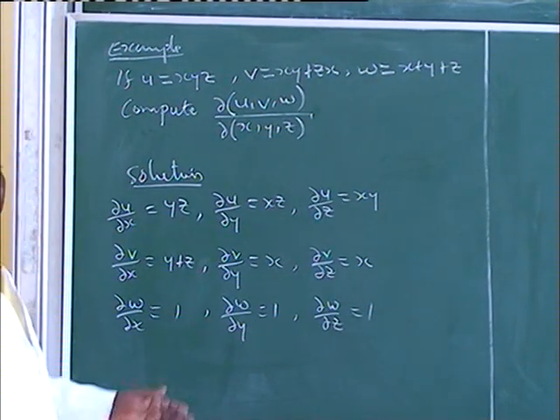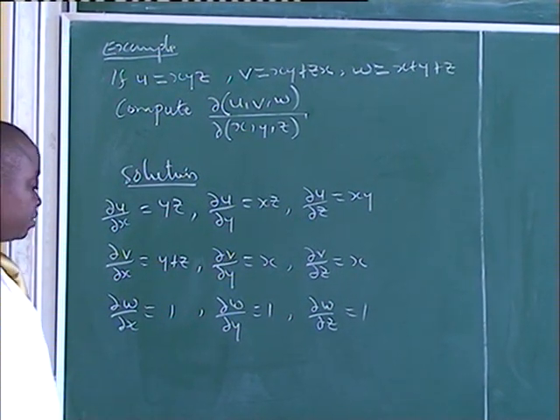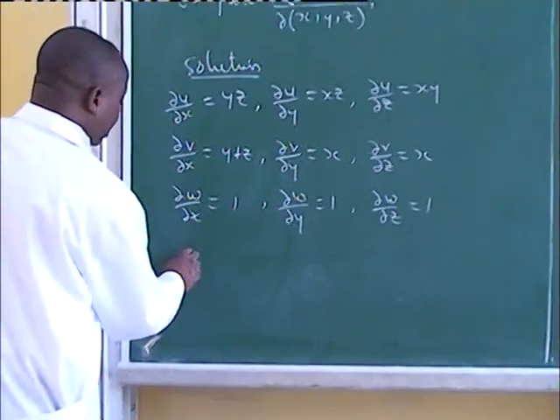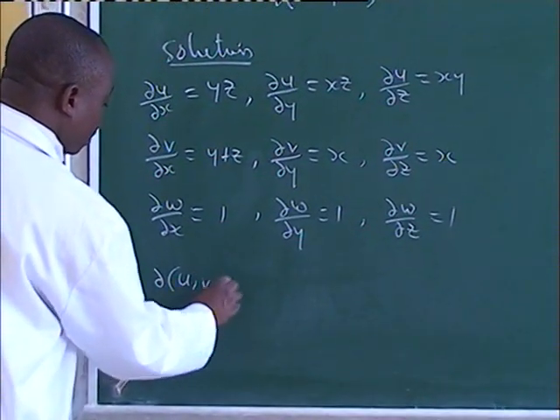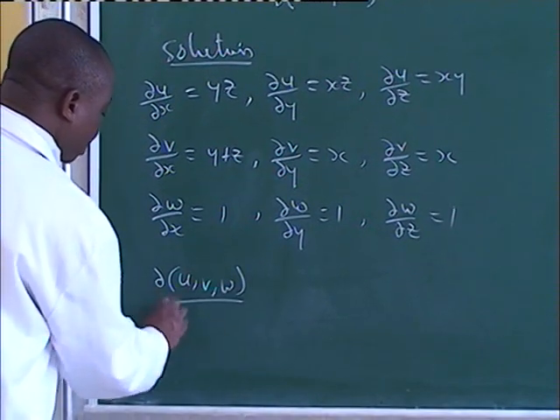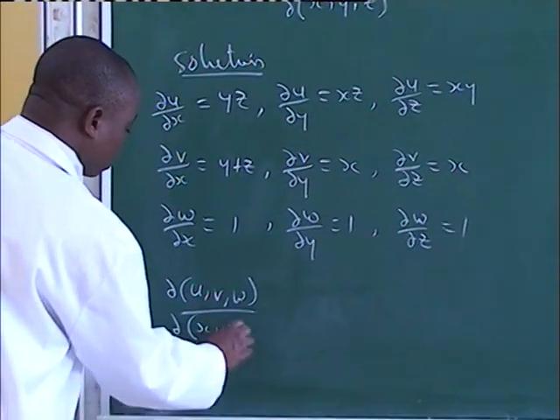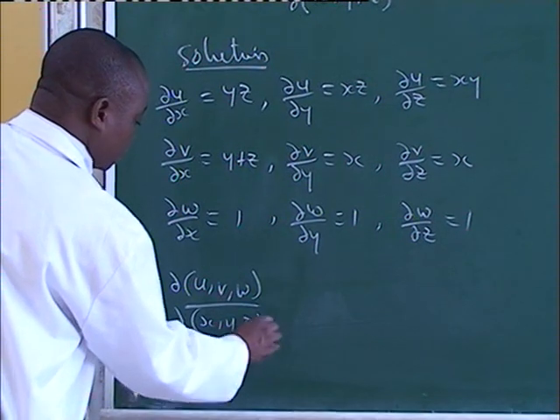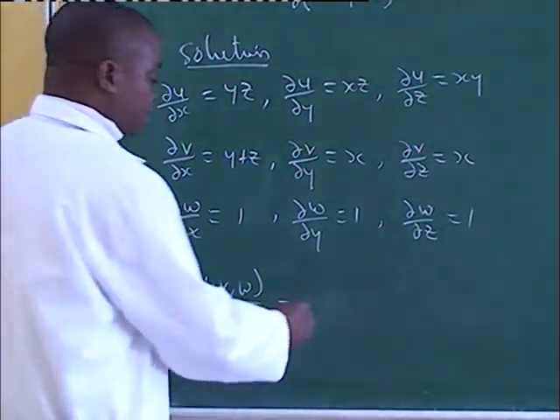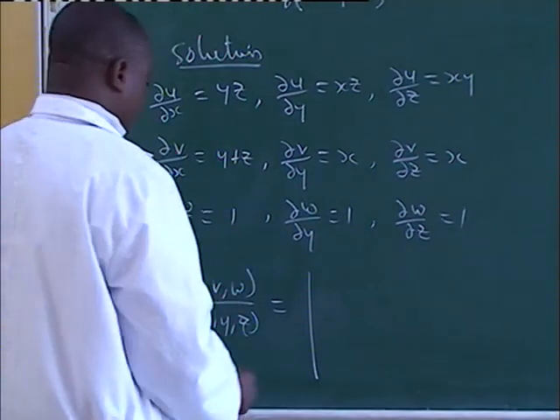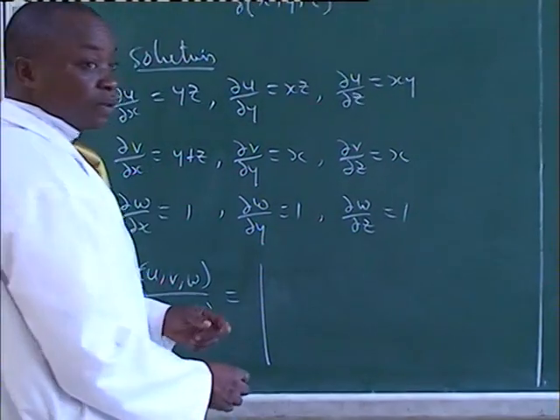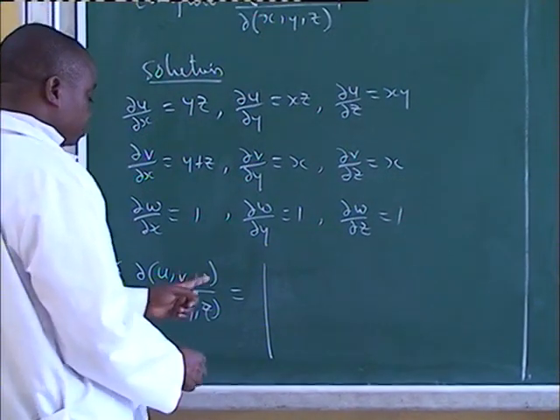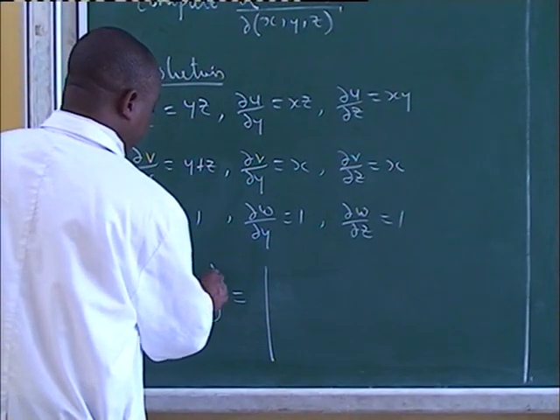So, we are now ready to compute the Jacobian. We know that the Jacobian of u, v, w with respect to x, y, z is defined as the third order determinant of the first derivative of each function with respect to each independent variable.